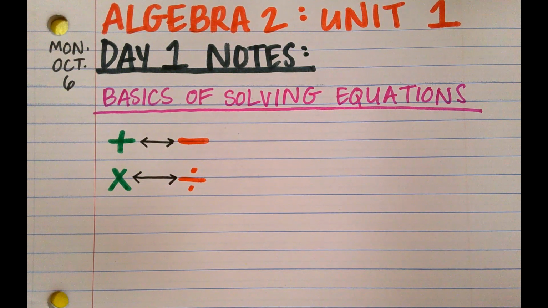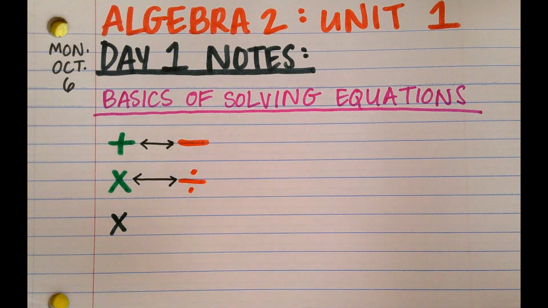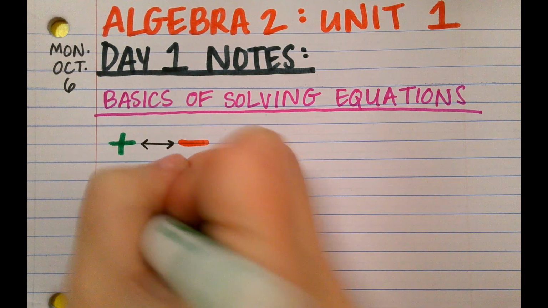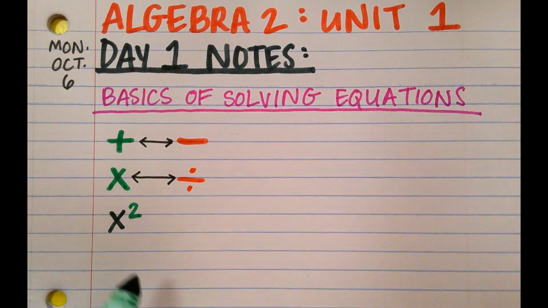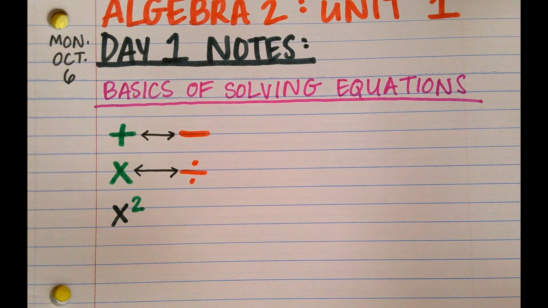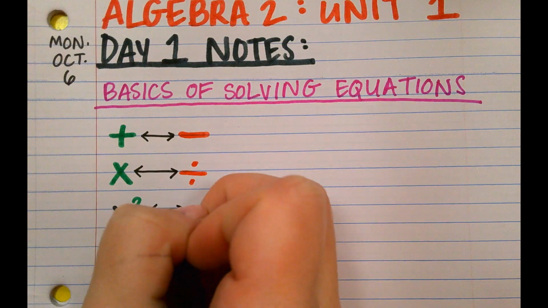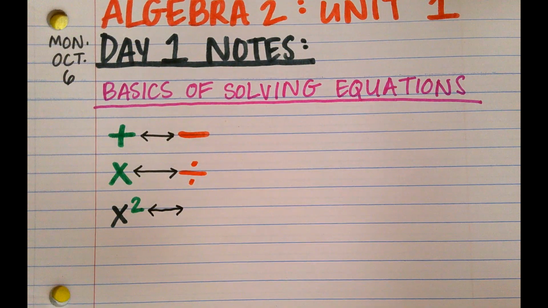Something you may not have seen before is this operation. We're going to start with that. Does anybody know what that would be? It's an exponent. Good, good. An exponent. We're doing something squared or to some sort of power. We'll talk more about it. For now, just write it, and we will get into it in a moment.